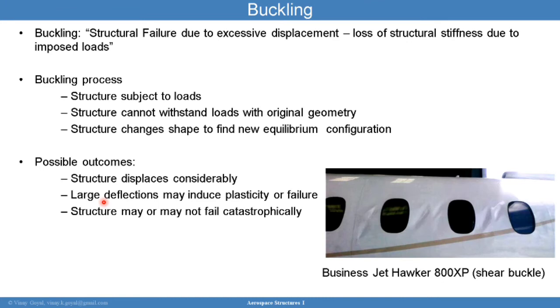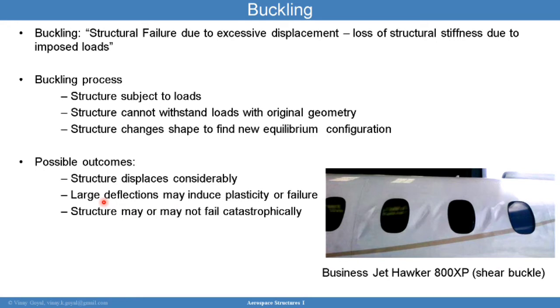So what is buckling? Buckling is a structural failure due to excessive deflections, and it produces loss of structural stiffness due to imposed loads. Buckling is a process where, when you subject the structure to loads, it cannot withstand the loads with the original geometry. So the structure has to change shape and find a new way of taking those loads.